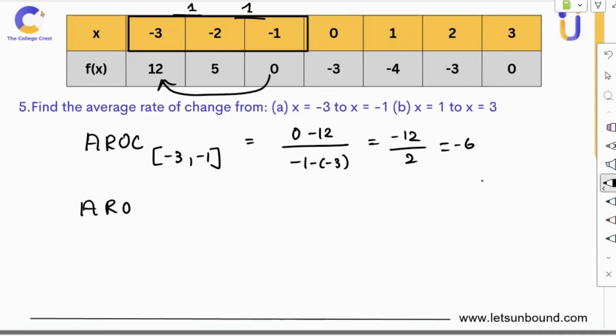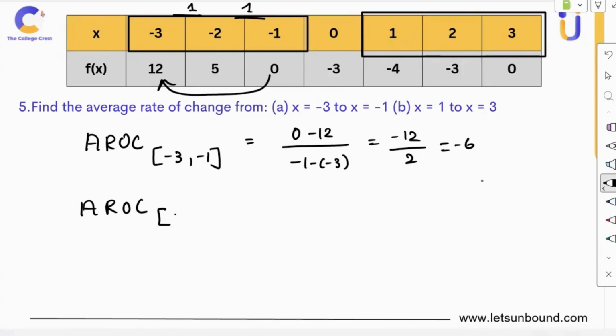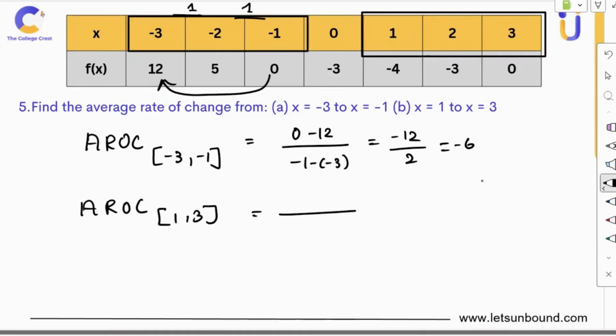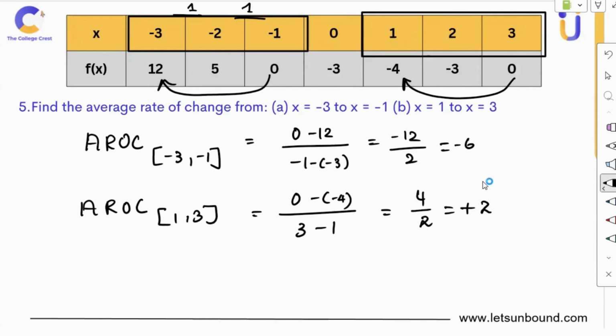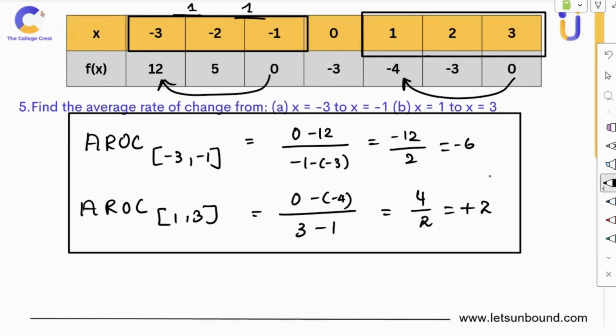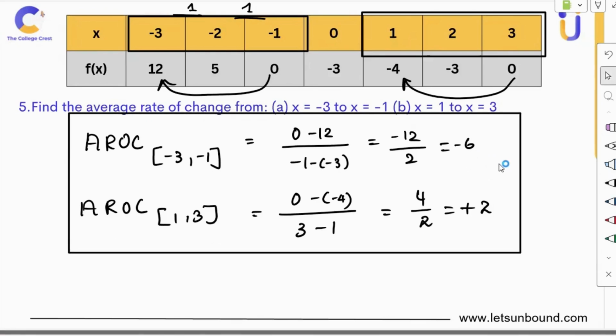Then AROC from 1 to 3, same thing. In the denominator, 3 minus 1. Then this to this, 0 minus of -2, which is equal to 4 by 2, which is +2. That's it. These are the average rates of change in the particular intervals.